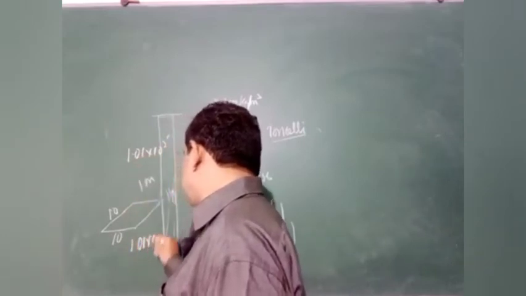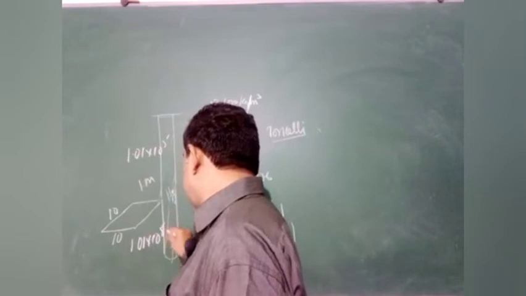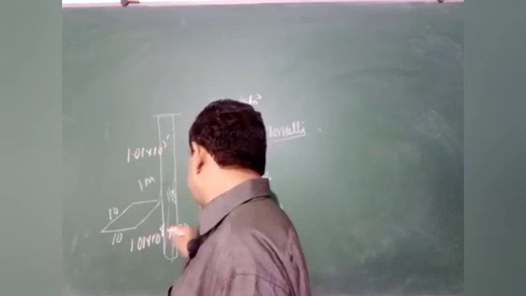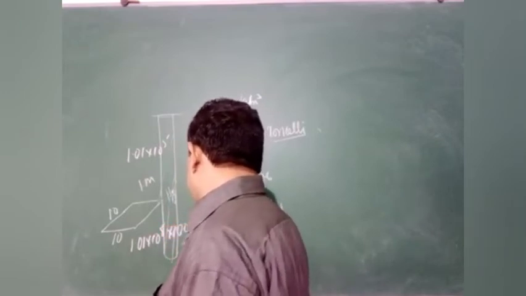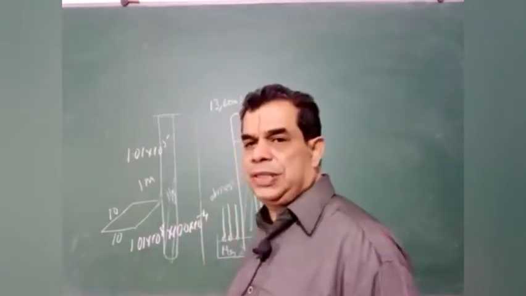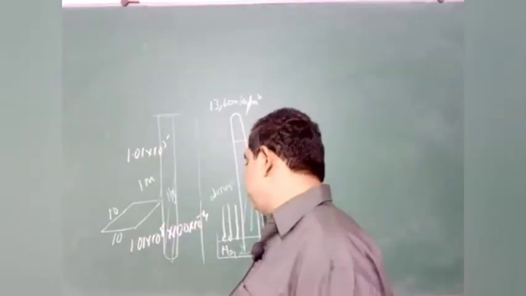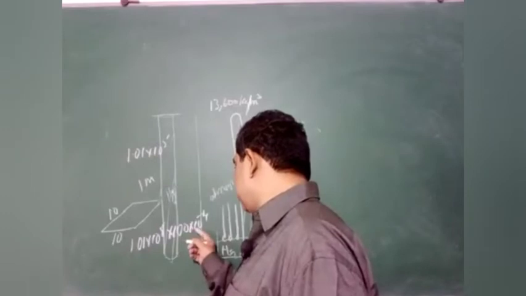1.01 × 10^5 into 100 square centimeter, which means 10^-4. We'll see how many kgs we lift. It may be slightly different, but nothing to worry.